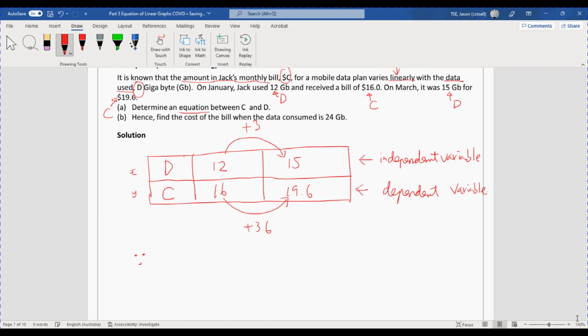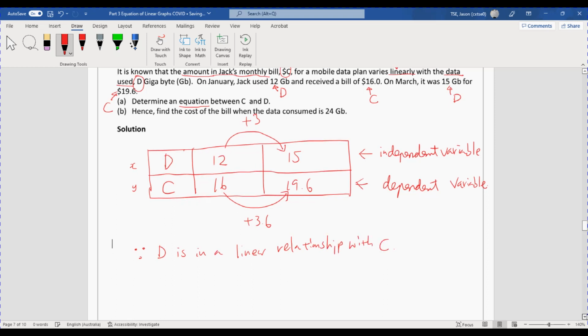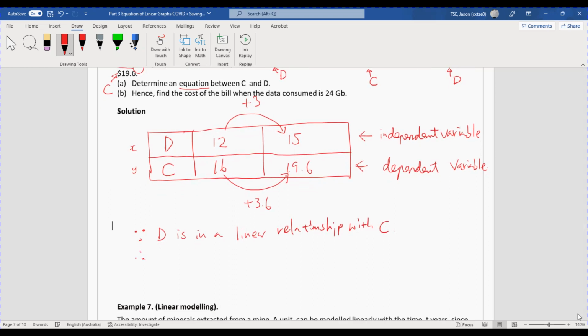And you can say, since the variable D is in a linear relationship with C, therefore we can find the gradient equals rise over run, which is 3.6 over 3, which is 1.2.